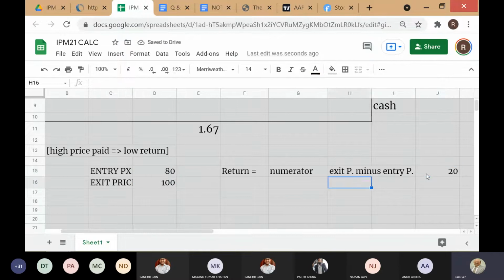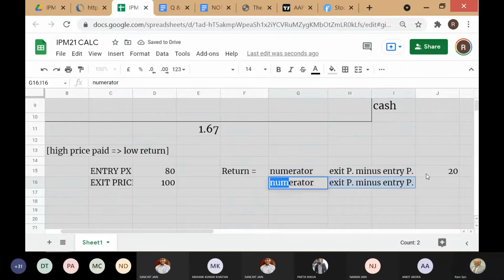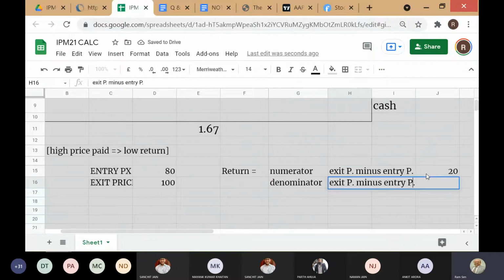And what is the denominator? Entry price. Entry price, correct. So the denominator is entry price only.